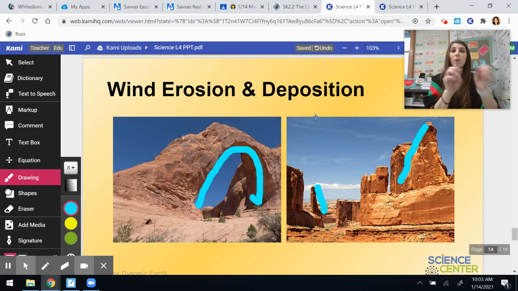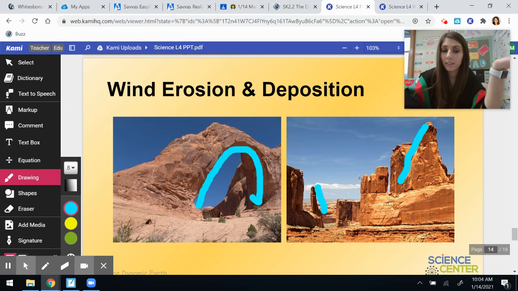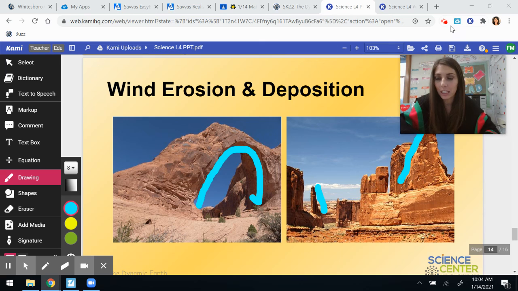Because the wind was blowing so hard into it, that wind can make some pieces of rock, some of that smaller sediment, fall off and crumble apart, and it brings that rock somewhere else. The wind is so strong, it takes the rocks, crumbles them down, and the rocks go somewhere else. All of that sediment goes somewhere else. And then you're left with a new shape of rock. That is pretty cool. So I will show you some experiment videos of what wind erosion can look like tomorrow.